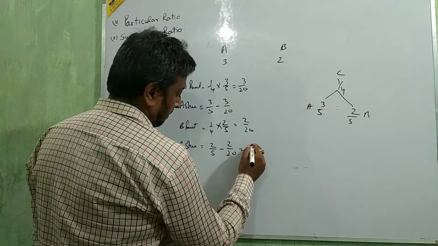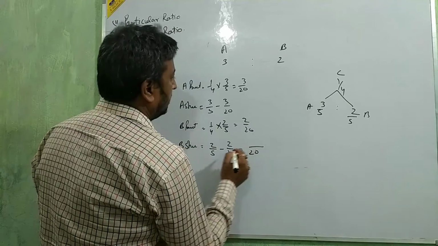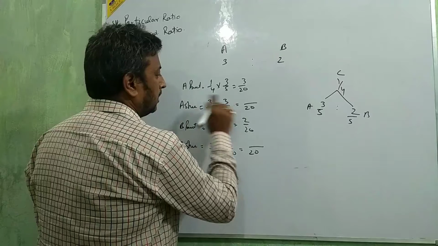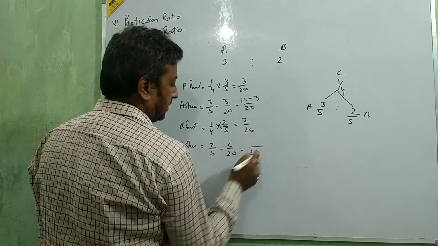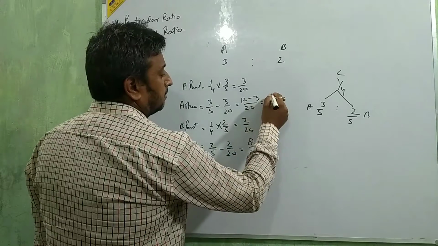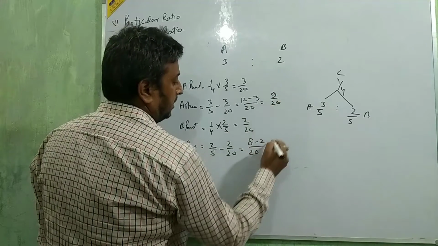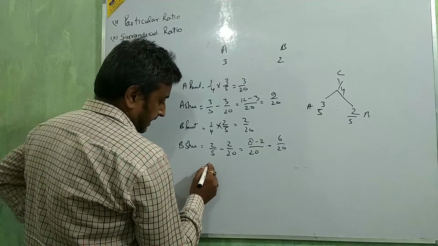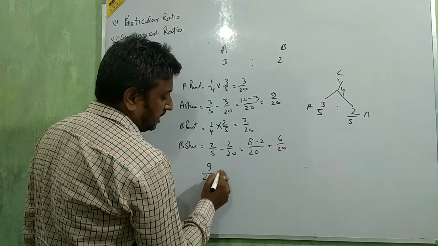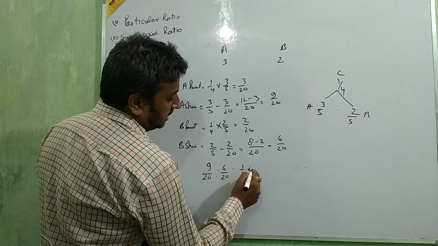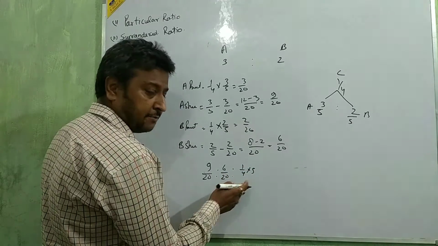It means, with denominator 20, 12 minus 3 and 8 minus 2, that is 9/20 and 6/20. Set the ratio 9/20, 6/20 and C's 1/4 is 5/20. We need it for equal.